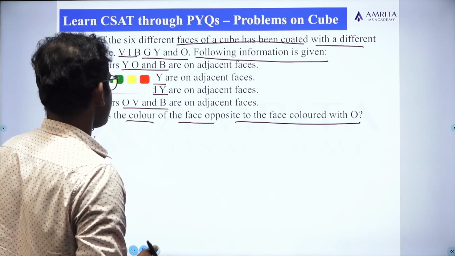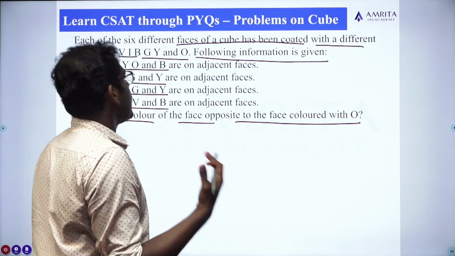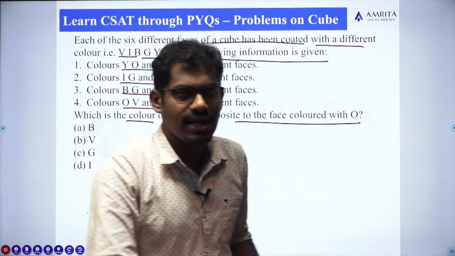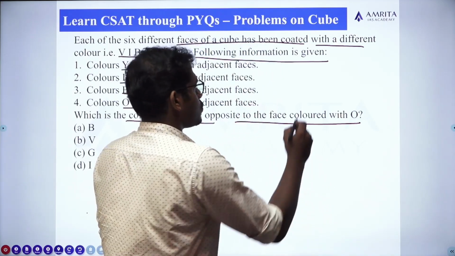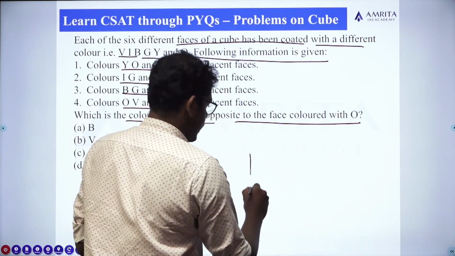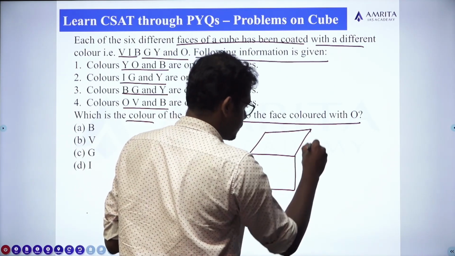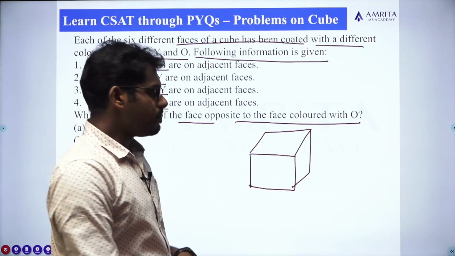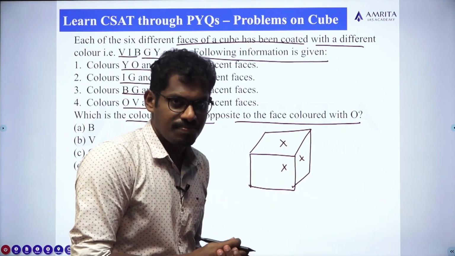So the first statement is colors Y, O and B are on adjacent faces. We know that a cube has 6 faces. Clear? Okay. So let me first mention what actually an adjacent face means. See, if it is a cube, this face, this face, this face are adjacent faces. Clear?